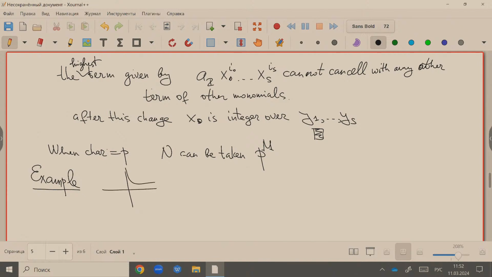You just take xy equal to 1. This means that you are looking at the algebra k[x, y] modulo this relation, xy equal to 1, so xy minus 1 equal to 0.